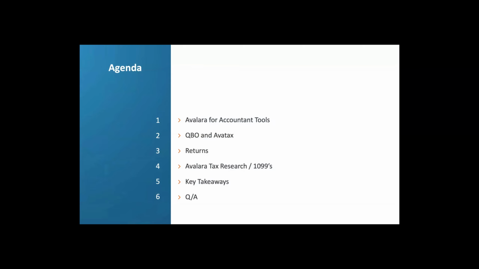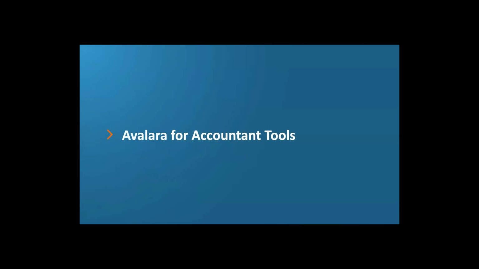Hopefully, again, making it sound exhilarating to talk about taxes. We're gonna go into some tax return and tax return filings. We're gonna talk about some of our research products, if you wanna do some tax research, and then obviously some key takeaways, and we'll have a little bit of Q&A through the Q&A section on the, I was gonna say the browser, but the Zoom meeting.